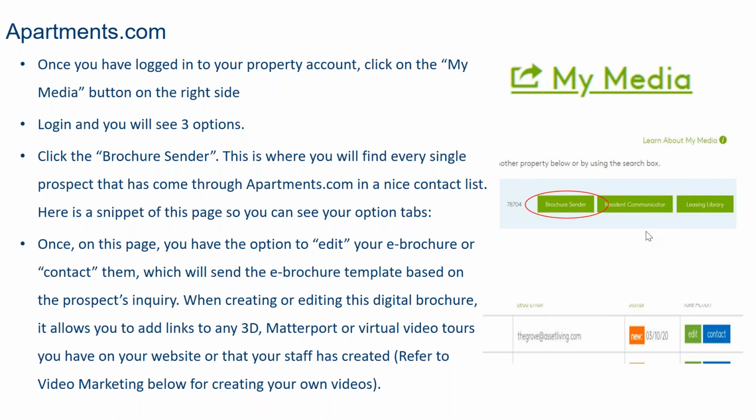Okay, Jennifer, do you have an active listing with apartments.com? Okay, what can you not see? The My Media page? Jennifer, I can go over this with you after the call and show you step by step where you're going to be able to see it.